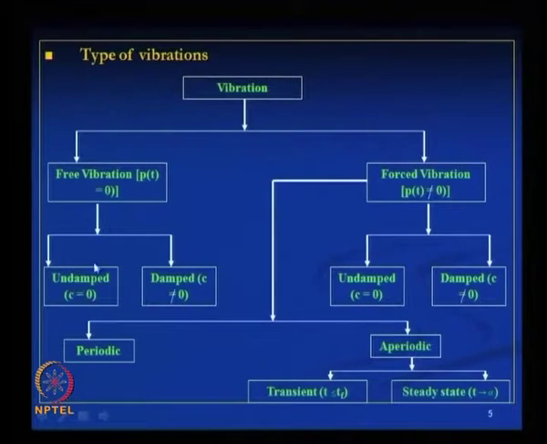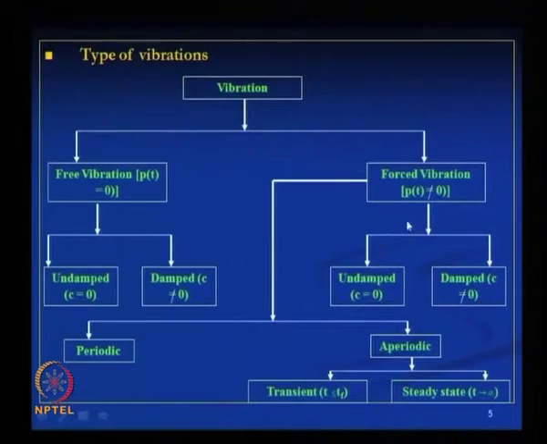We call it undamped free vibration when the damper, that is C, is not present, that is C equals 0, and also P of t equals 0. And the damped free vibration is when the damper is present, that is C is non-zero. Now, coming to forced vibration, the same two conditions we can mention, that two types of vibration.